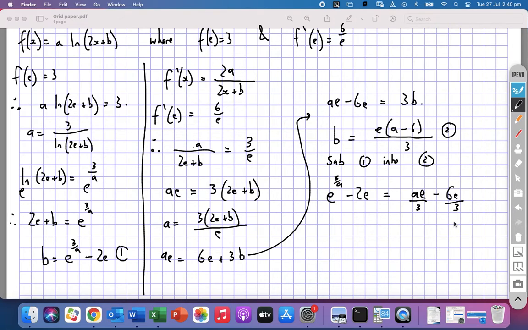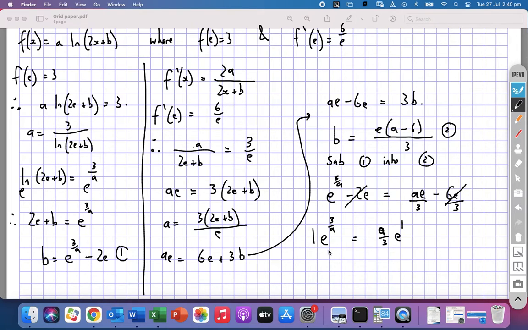Yeah, that's looking pretty good, I think. So what we get there is these cancel out, and we have e to the power of 3 on a has to be the same as a divide 3 times e to the power of 1.